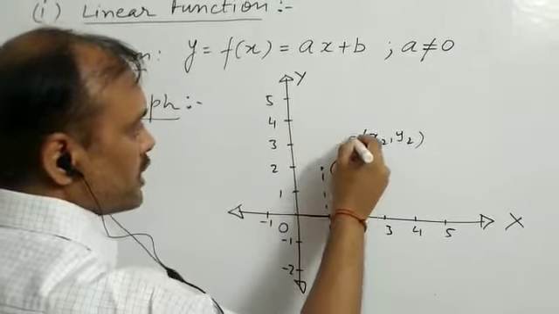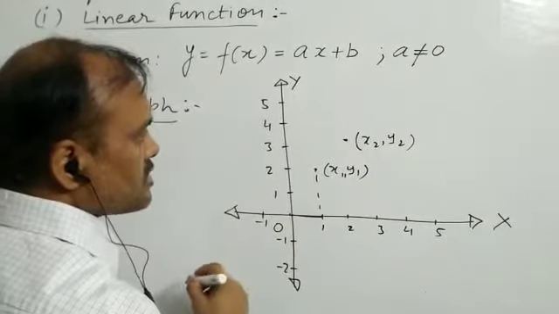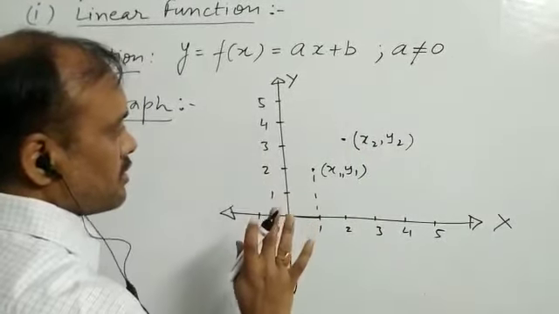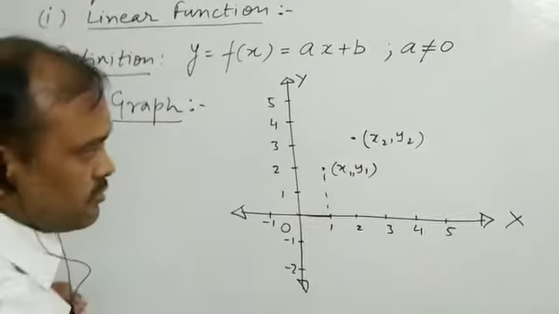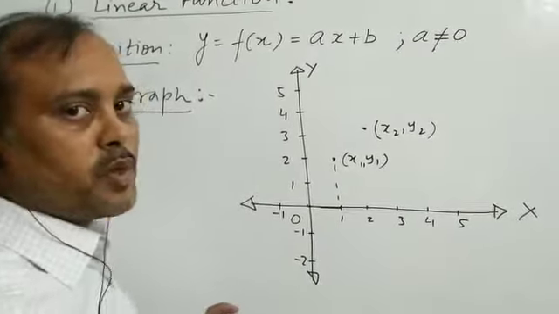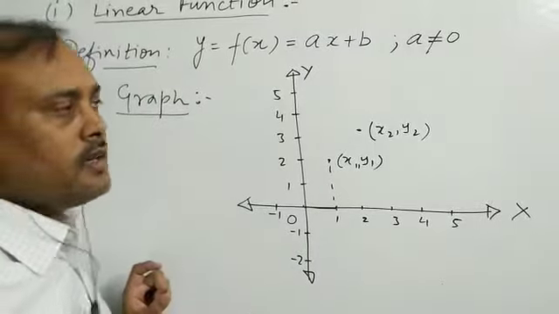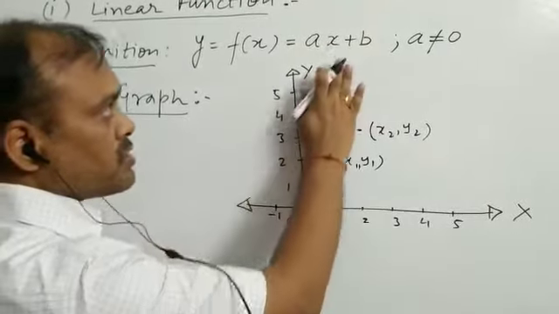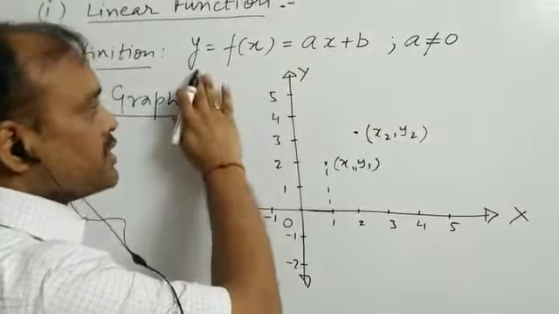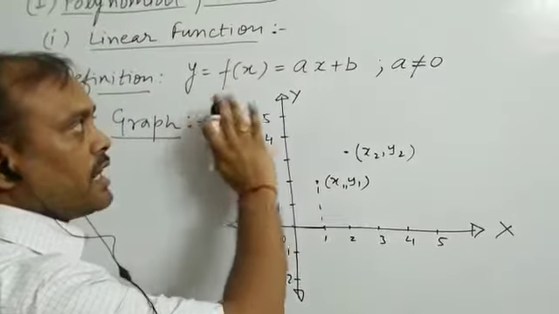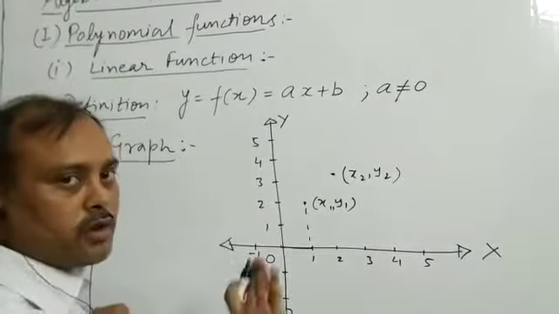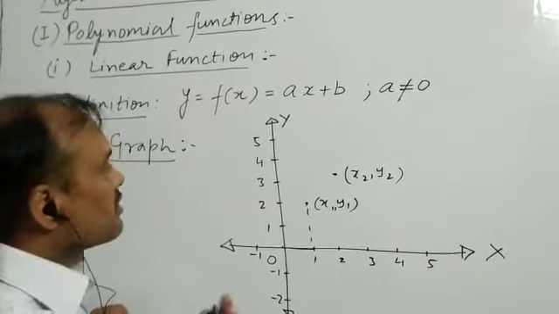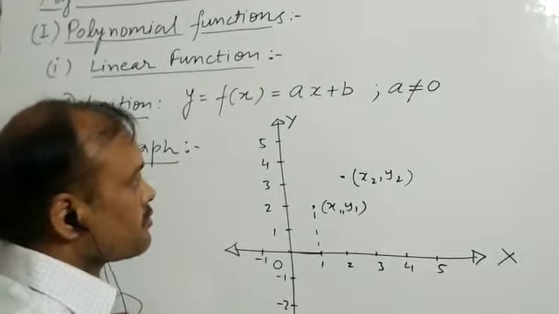And if you join all such possible points together, that gives the graph of the function. That's the simple meaning of plotting the graph of any function. For all possible values of x, determine the possible values of y and plot them on the Cartesian plane, and join all the points, you will get the graph of the function.